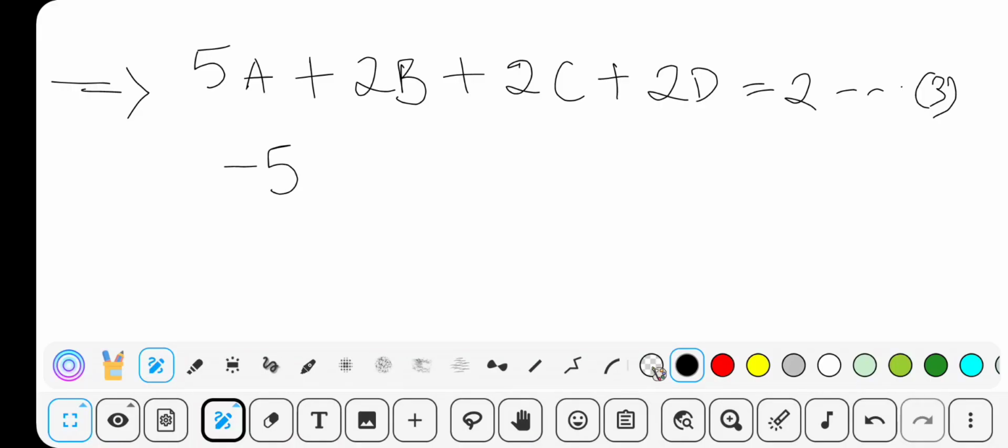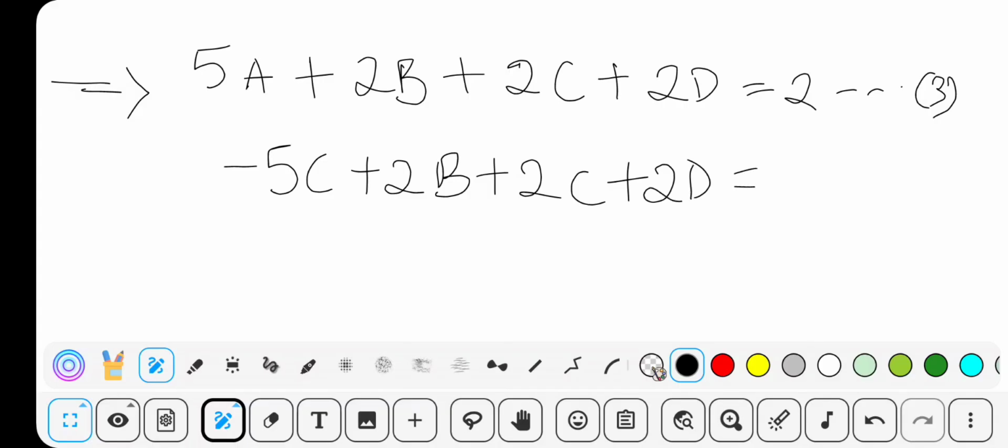So in place of a putting minus c, we have minus 5c plus 2b plus 2c plus 2d is equal to 2.